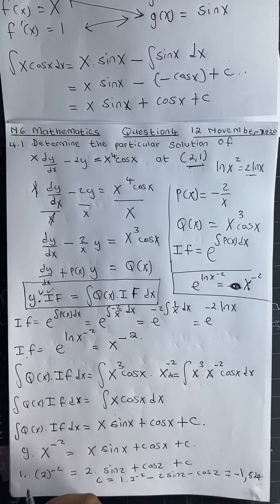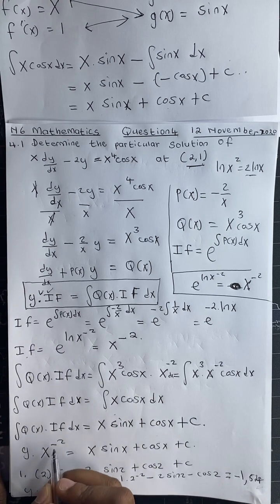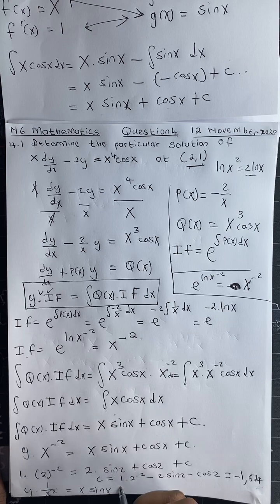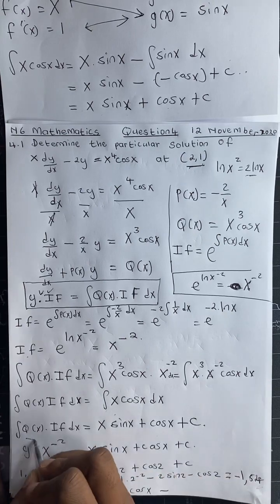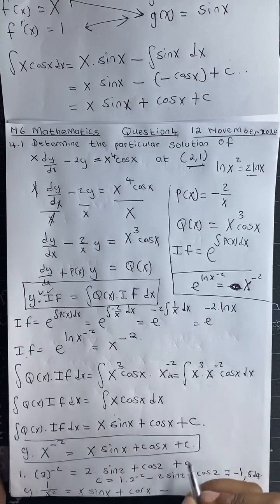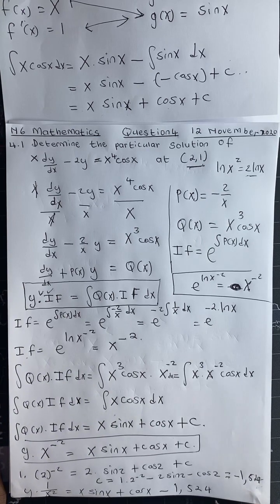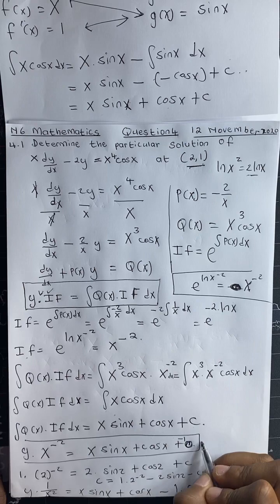So y multiplied by, we can write that x to the power negative 2 as 1 over x squared, is equal to x sin x plus cos x minus, in the place of that c, we substitute negative 1.524.